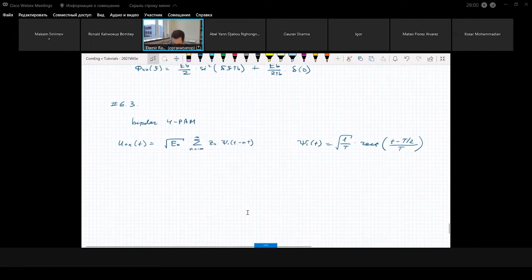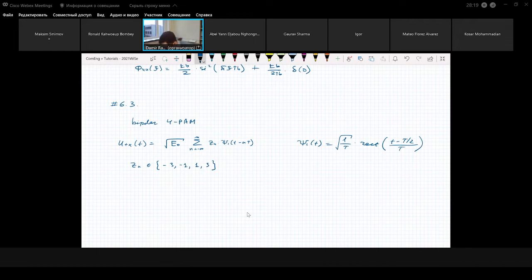Z of n is the nth symbol, and the amplitude of the nth signal belongs to a finite alphabet. These values: -3, -1, 1, and 3. So we have 4 possible amplitudes in our alphabet.